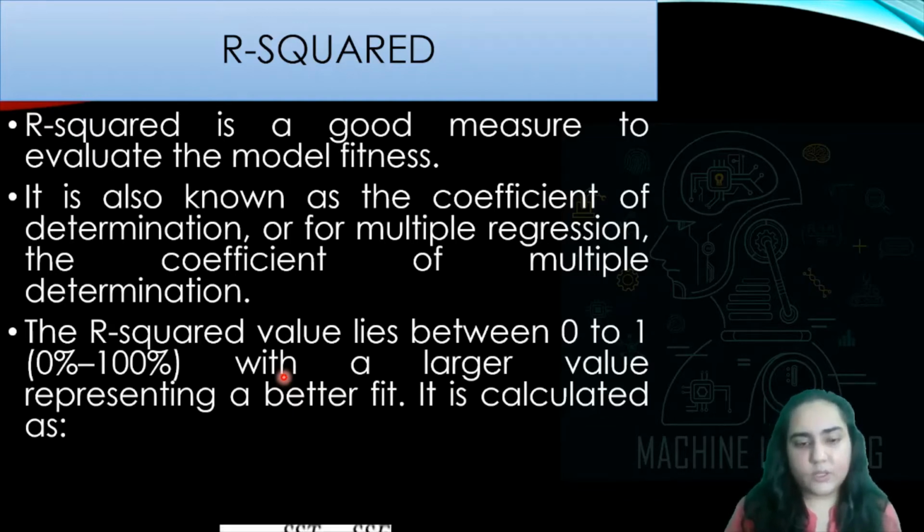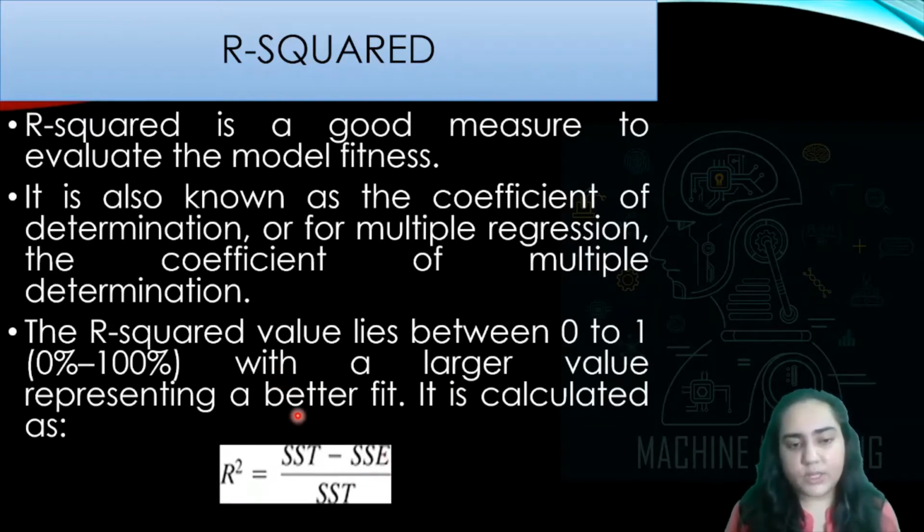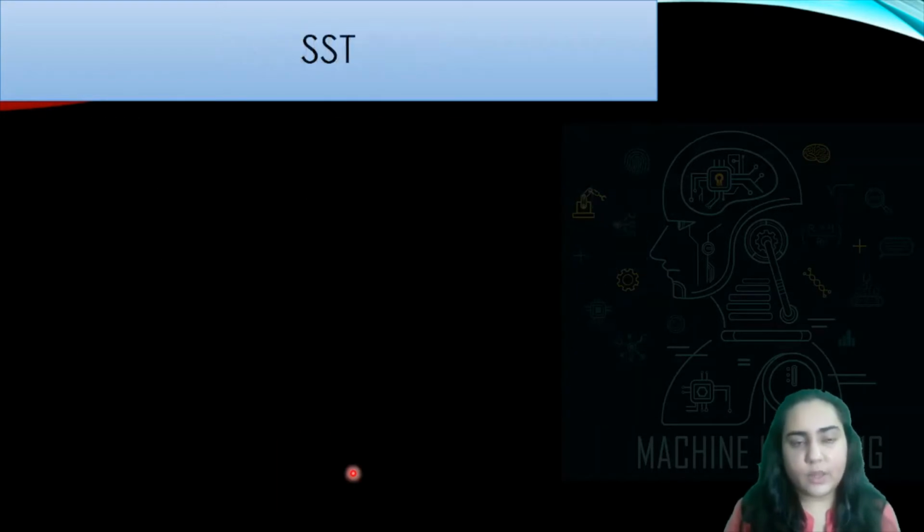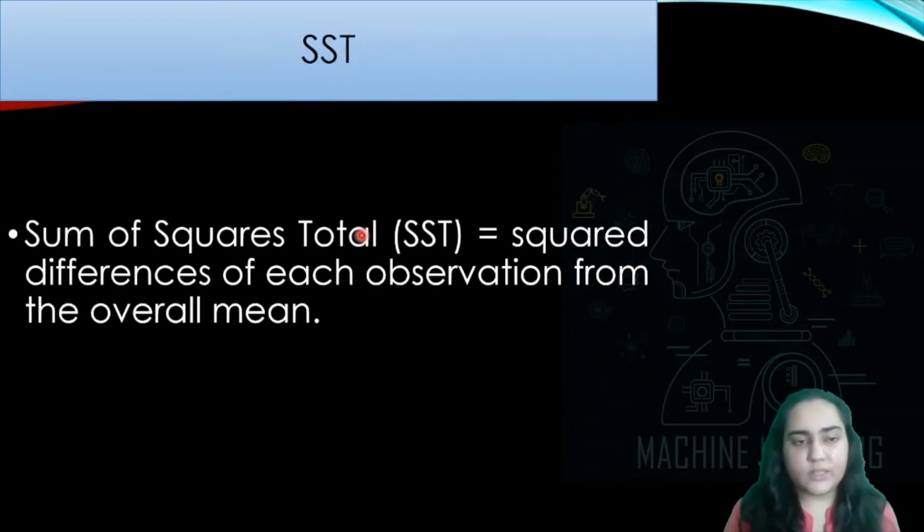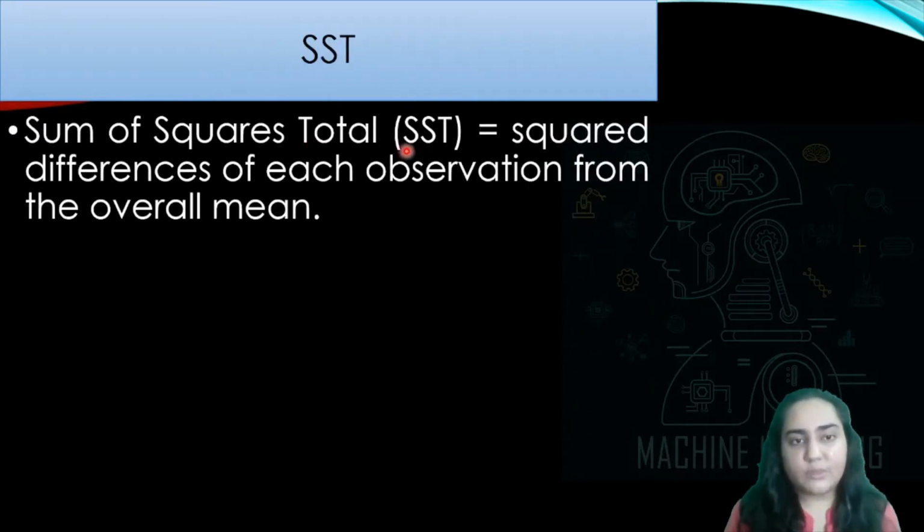So how do you calculate R-squared? You can calculate it like this. R-squared is equal to SST minus SSE upon SST. Now, what is SST? What is SSE? I'm going to tell you that in a minute. So let's first talk about SST. SST is sum of squares total, which is equal to squared differences of each observation from the overall mean.